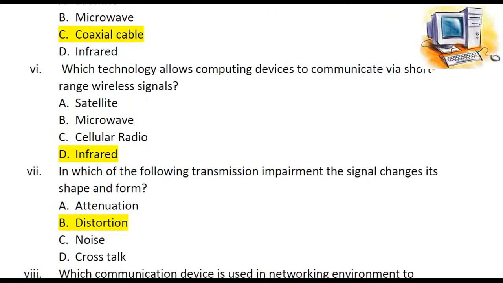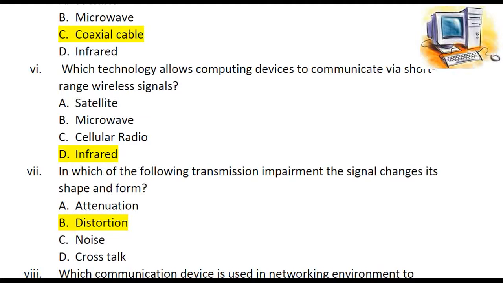Sixth MCQ says: which technology allows computing devices to communicate via short range wireless signals? For short range, in these options, option D is the correct one, that is infrared. It is a short range wireless communication technology, and satellite is wide range, or a wide area network. Satellite is a wireless communication technology which can cover even the whole globe.